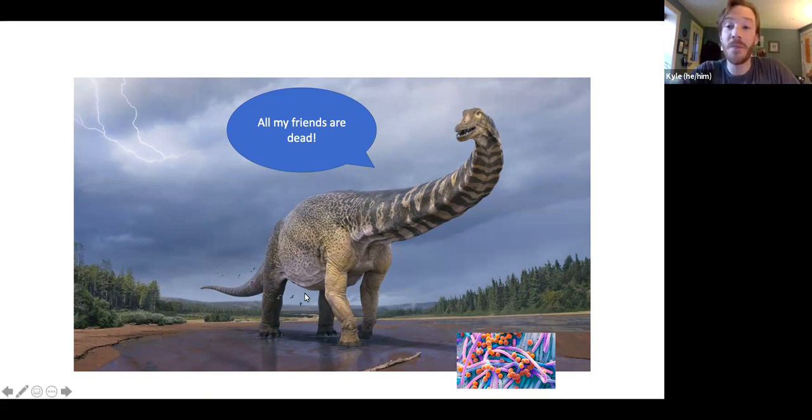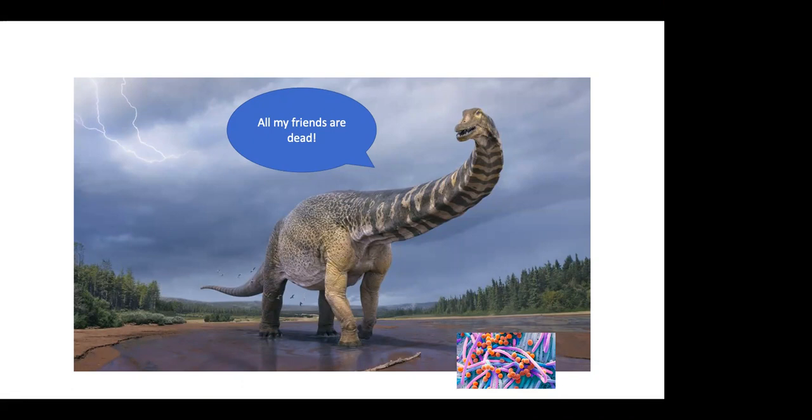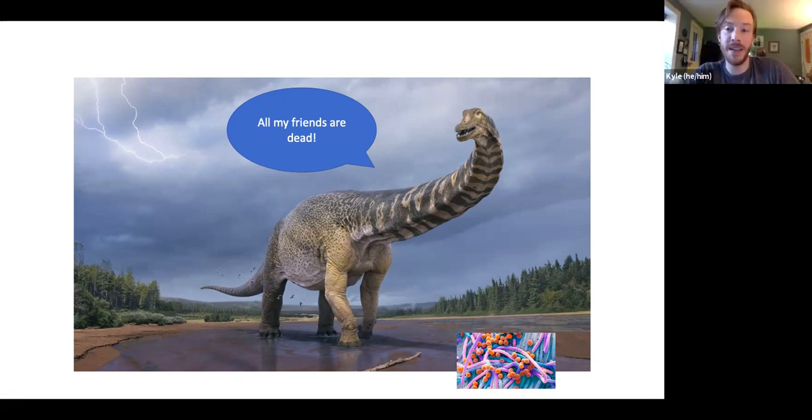Yeah, so microbes have persisted throughout every mass extinction event. Microbes have been around for billions of years. They have been around since long before humans were on Earth, and they will likely persist long after we're gone.